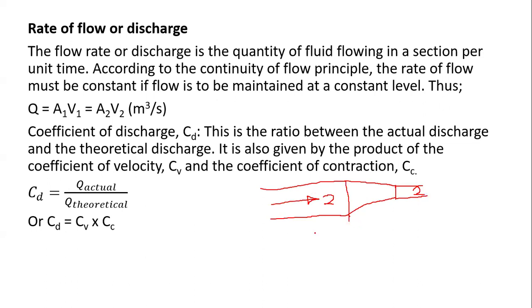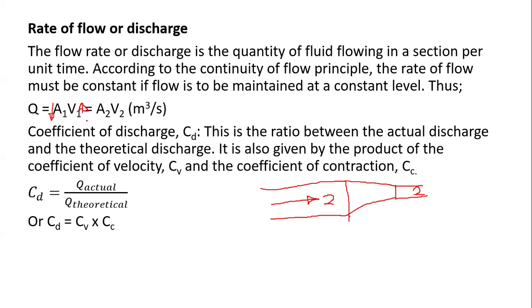Here with a big cross-section, the flow will be slow, the velocity will be slow. But as it comes to where the section is smaller, it's going to flow very fast, because when the velocity rises, it means the cross-section area is smaller, and vice versa.